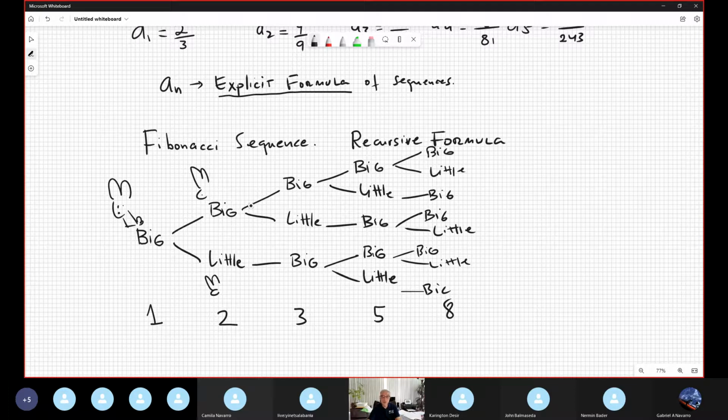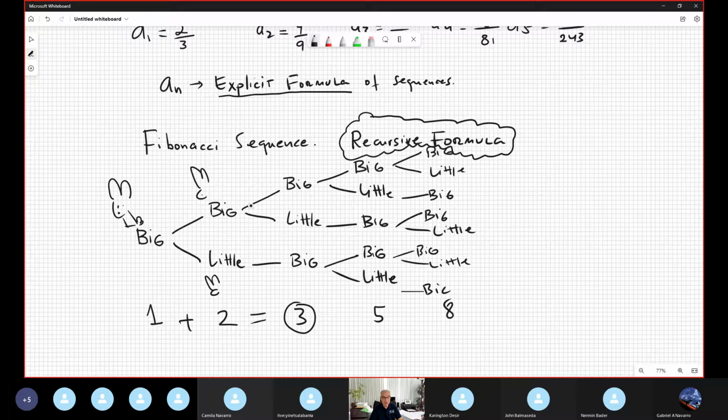However, you can use a recursive formula. What is the idea behind a recursive formula? Well, the idea is that you somehow relate the quantity in the current time and the previous ones, okay? And you see that this 3 comes from the addition 1 plus 2.